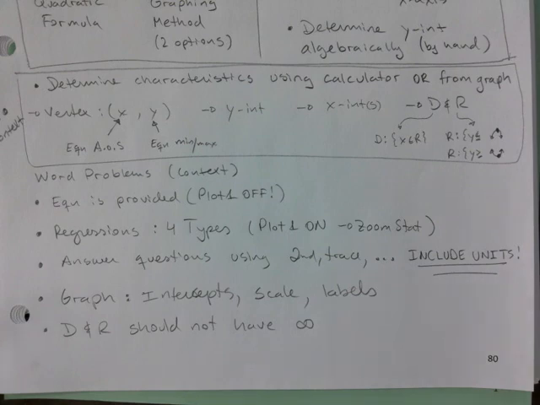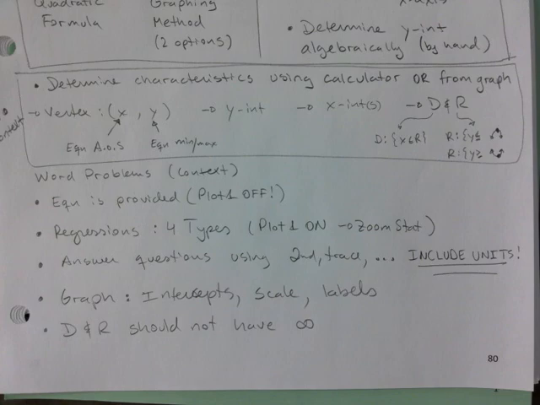I'm telling you that this year, no. Next year, there will be some instances where yes. We're going to be looking at money growth or bacteria growth. I mean, even bacteria, after a while, there's a maximum that the environment can sustain, but then we'll tell you so. But for us right now, no infinities.